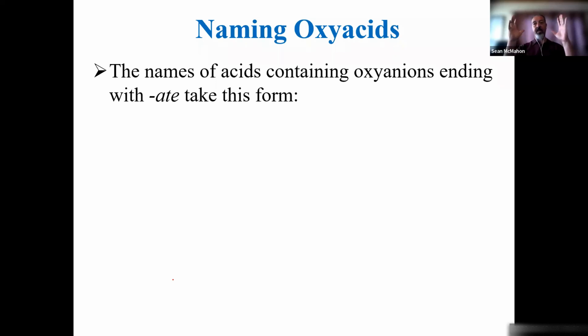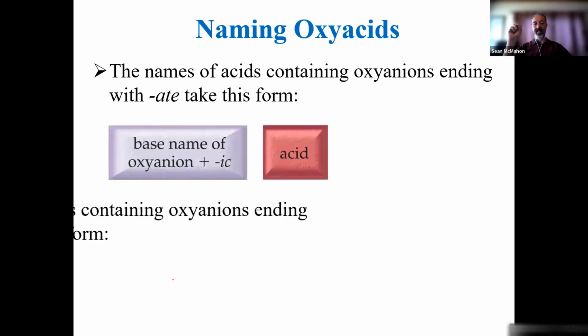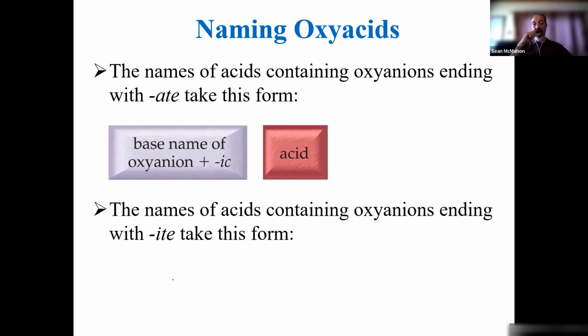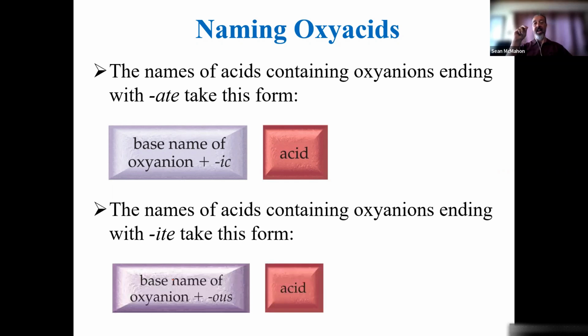Okay, with the oxyacids, now there's the hydrogen that's going to dissociate to give me the proton. There's the nonmetal, and then there's the oxygens because it's an oxyanion. But we can use the ate to derive the ic acid. So I can use the ite to derive what is called the ous acid.